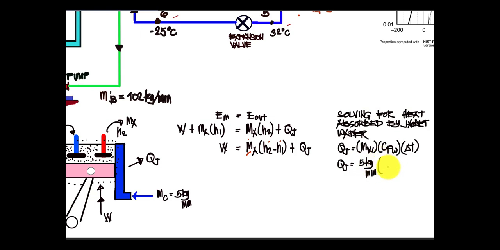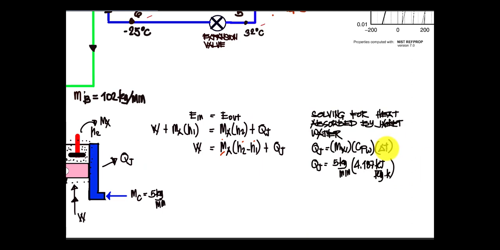Then I shall multiply this by the specific heat of water, which is 4.187 kilojoule per kilogram Kelvin. Since this is a rise in temperature, I'll be using 8.9 directly, treating it as Kelvin in order for us to cancel the units.